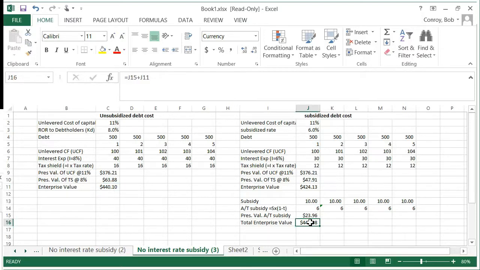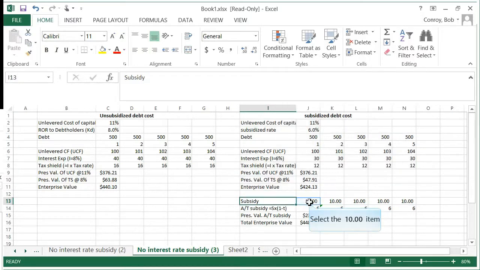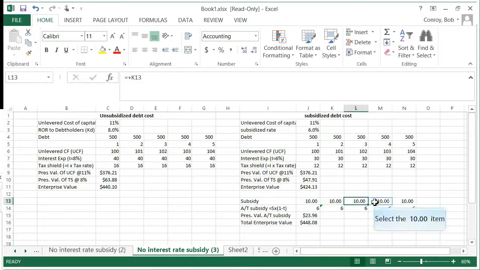And the point of this discussion was to make you aware that sometimes when we do an APV, it can look right. We took the value of the unlevered cash flows plus the value of the tax shield, but in this particular case, it's a demonstration that we need to capture the full flows of the firm.